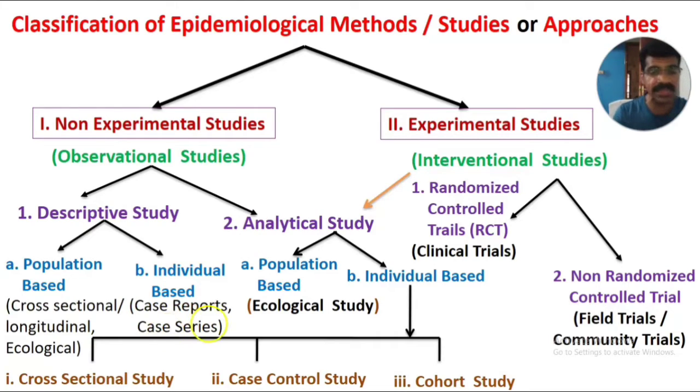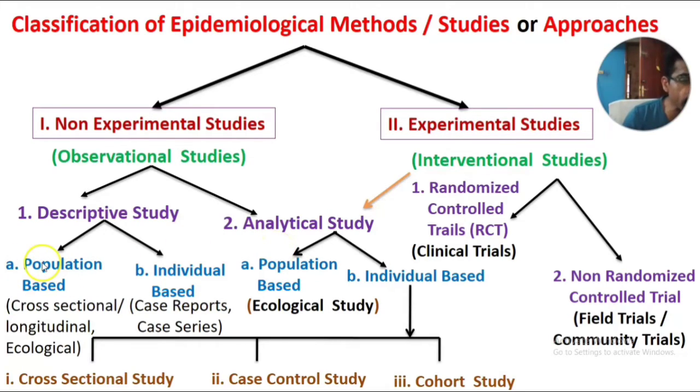Then in analytical study, the population based study includes the ecological study, related to the place of a particular area. The individual based study of analytical study includes cross-sectional study, case control study and cohort study.